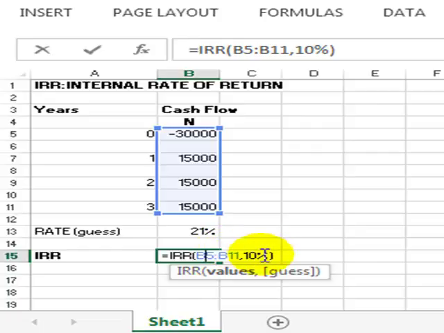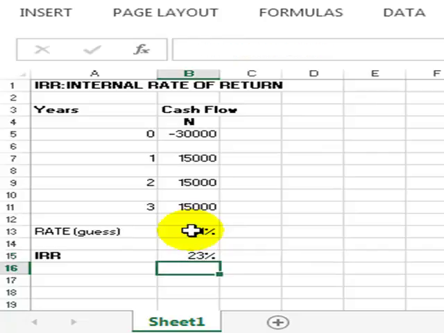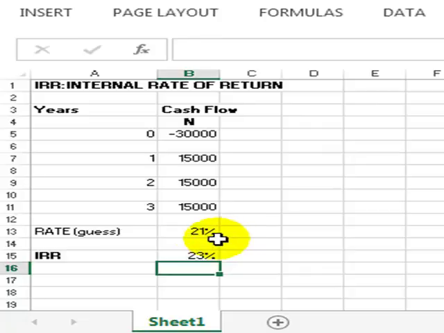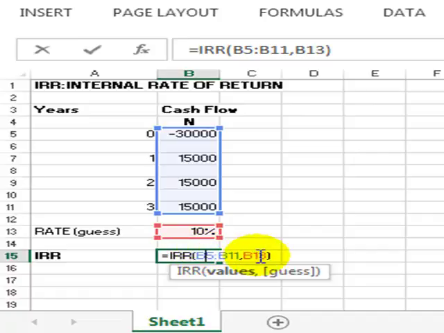Now, we can also decide to include the guess. If the prevailing interest rate is 21%, let's press enter. Excel gives us the same result, 23%. This says that it is advisable for the firm to raise this particular capital. So let's make this 10%, that's a guess of 10%.